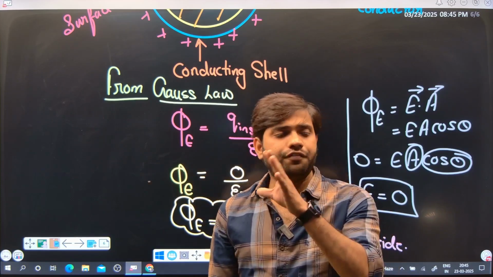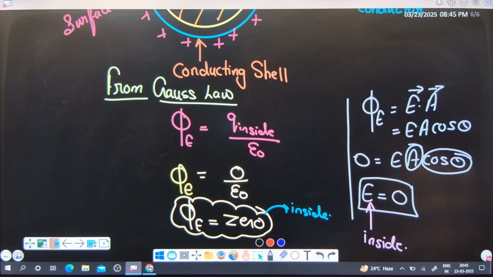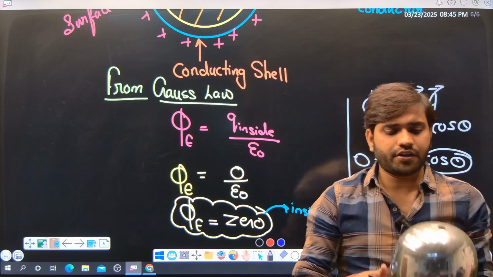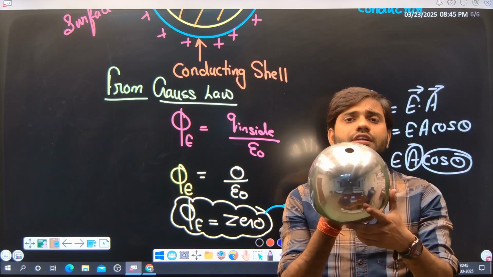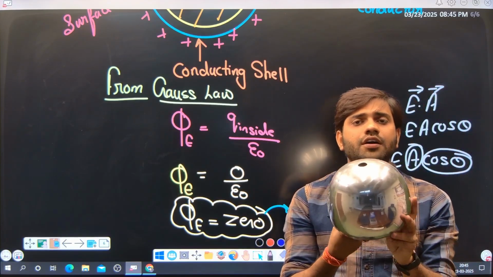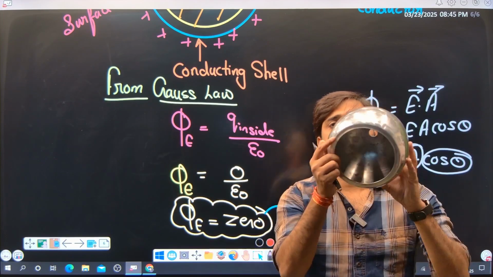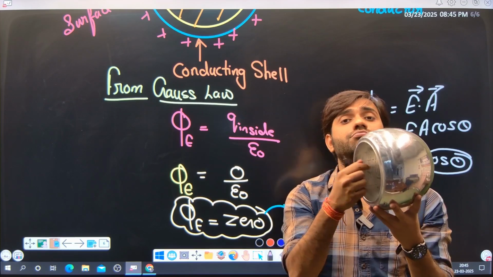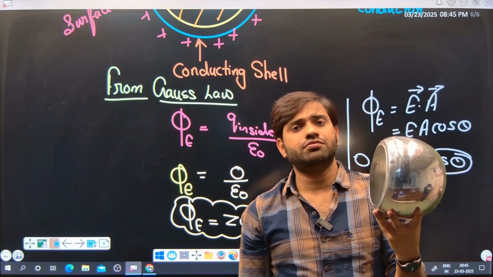Remember, just imagine I am taking one conductor here. Yeah, this is a conducting body, and we can see that this is spherical in shape. The electric field inside the conductor is 0. I can demonstrate it also.